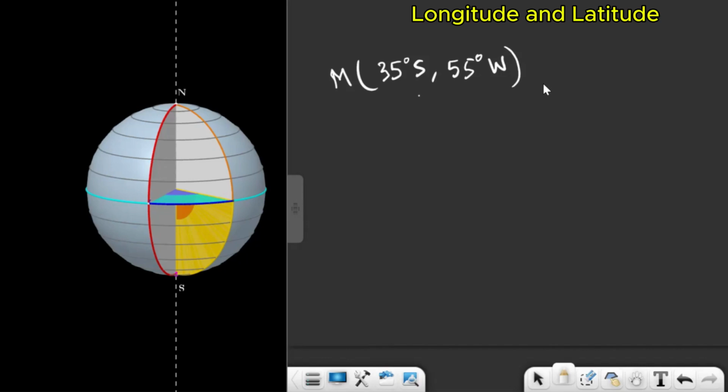And then we want to look at another point, N, at 35 degrees south, 28 degrees east. So how can we show the location of these two points? Let's see how I can demonstrate this.